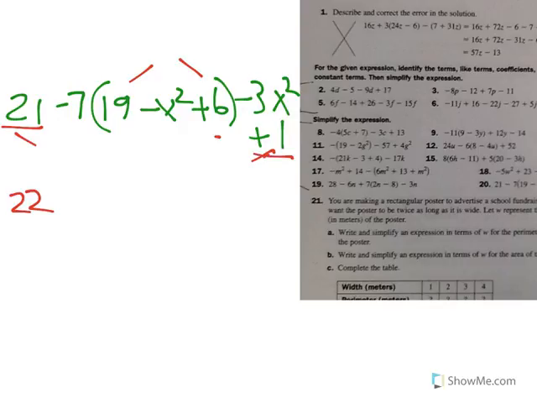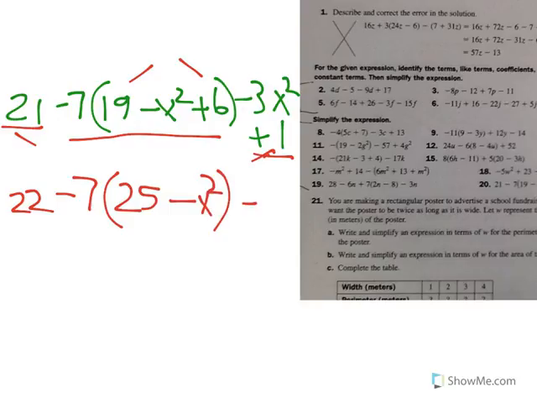I'm not even worried about this whole section here, but I'm going to simplify within the parentheses. So it's going to be minus 7 times 19 plus 6 is going to be 25 minus x squared. That's going to be subtract 3x squared. Okay, so what I was doing was just trying to get rid of some of the extra stuff here, and by doing that I'll make it simpler later.